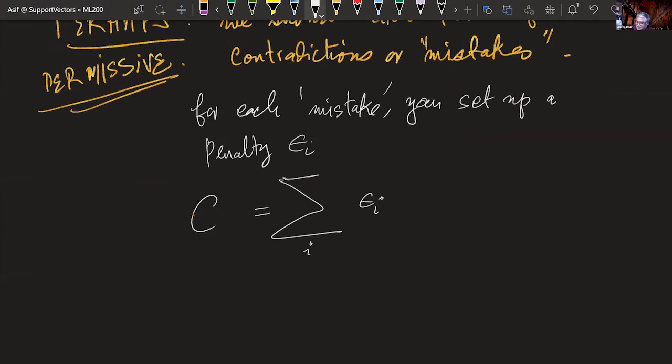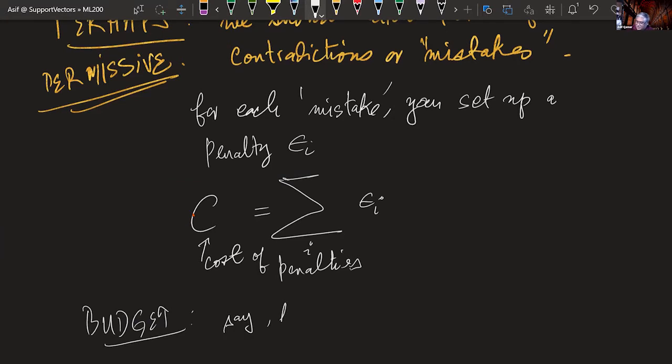This is sort of like a cost, the total cost of penalties you can afford, right? Cost of penalties. And then you have a budget, budgeted penalties.